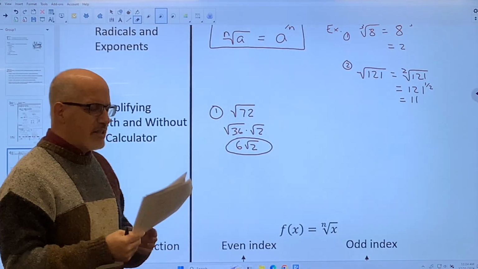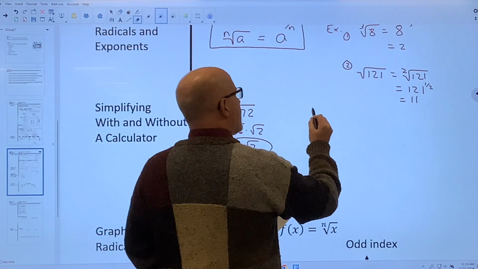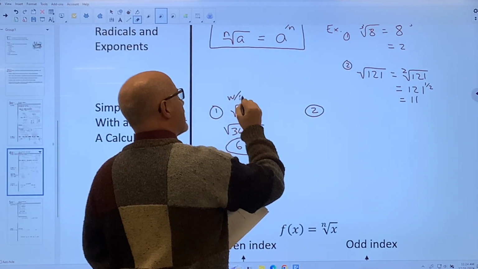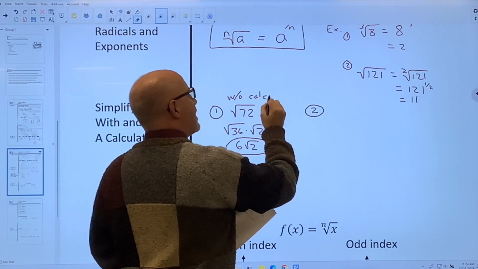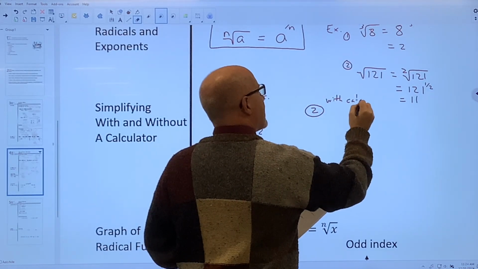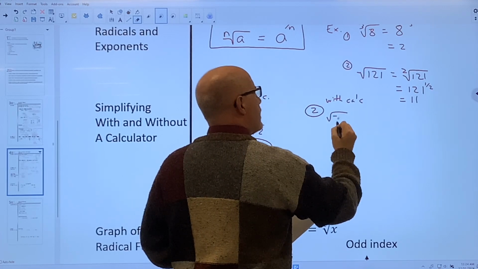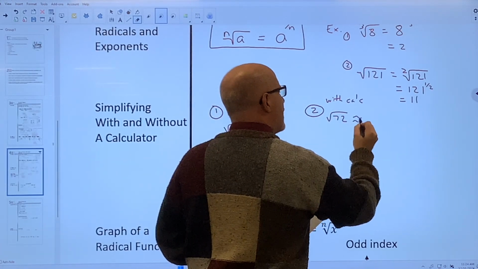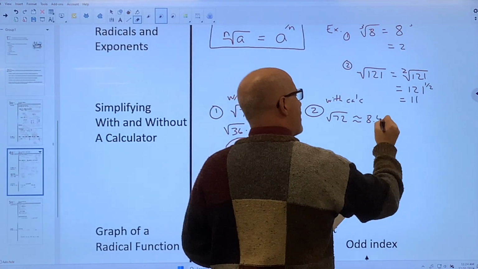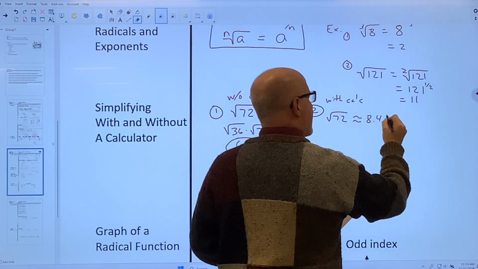It's an irrational number. That decimal will go on forever. This is without a calculator. If I did it with a calculator, the square root of 72, you will get a number, but it will have to be rounded because it's a decimal that goes on forever.